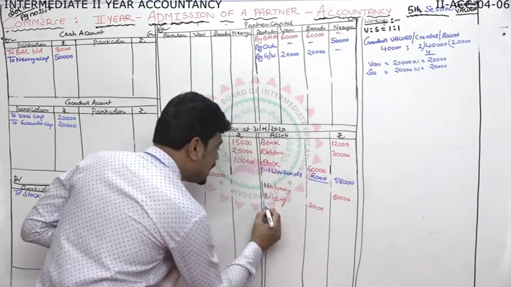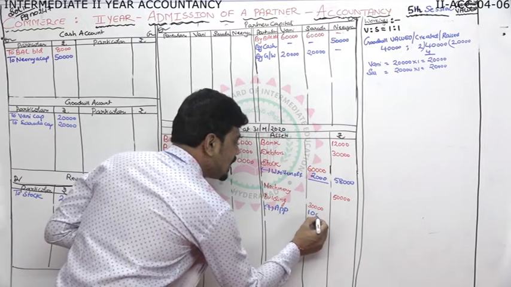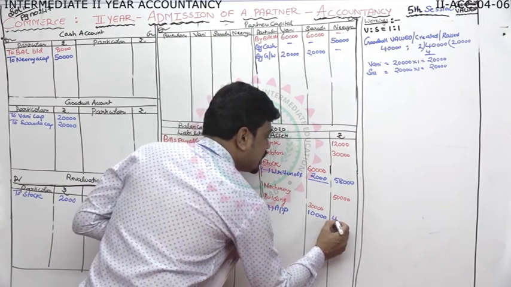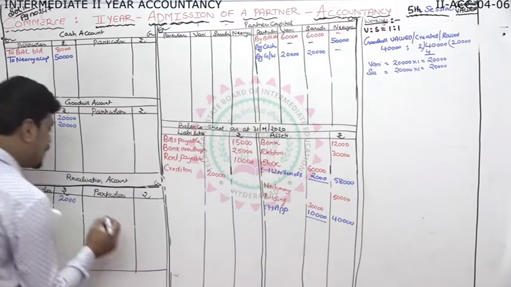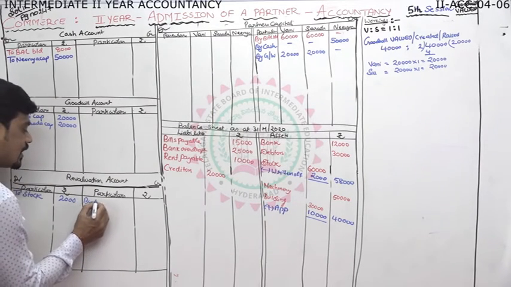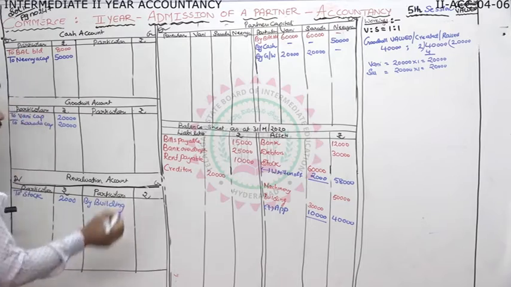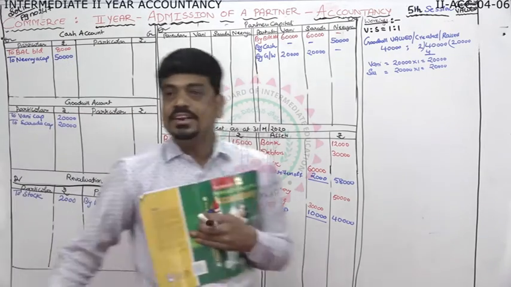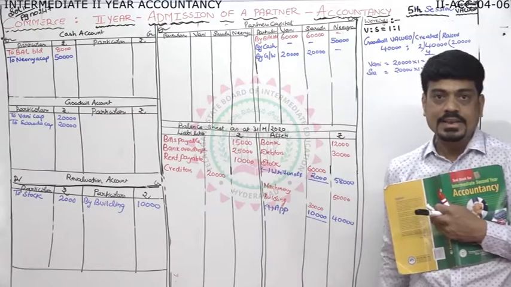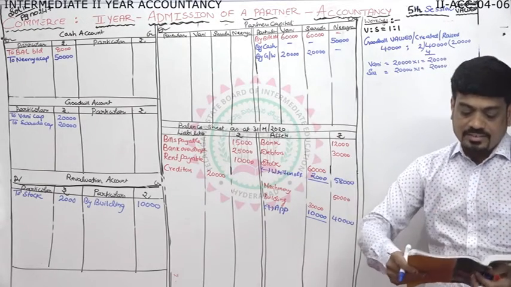So we'll go to building, add appreciation 10,000. And the building value is 40. Now this 10,000 will go to revaluation credit side. You know the entry. Building account debit to revaluation. So revaluation is credited. We credited revaluation account with building.